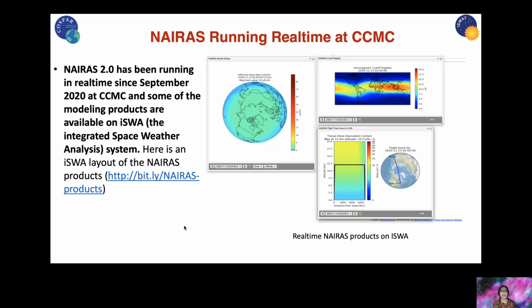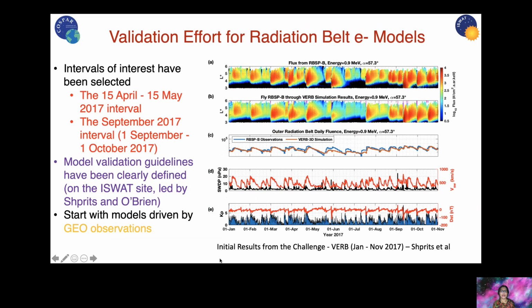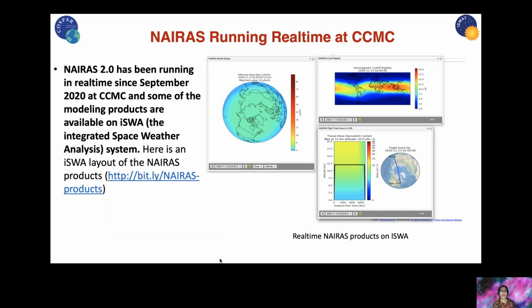NAIRAS has been running at CCMC since September, so it is available on ISWA, the integrated space weather analysis system, and the layout is given here. The products include the dose at different altitudes, and at the bottom you can choose different doses or different altitudes.